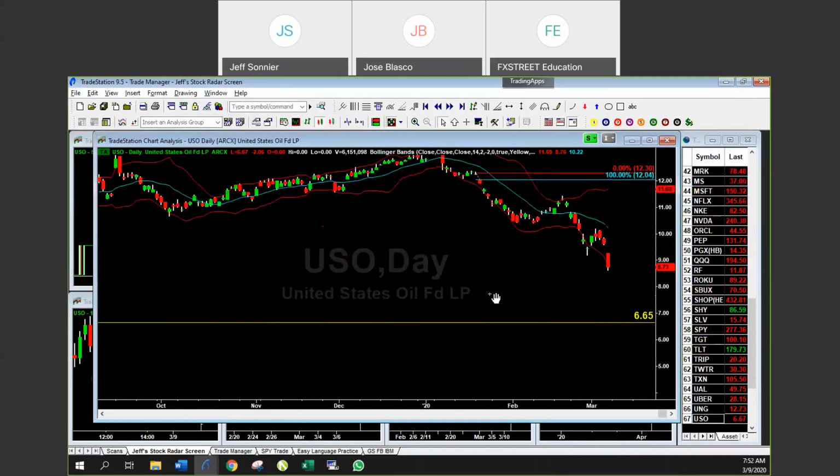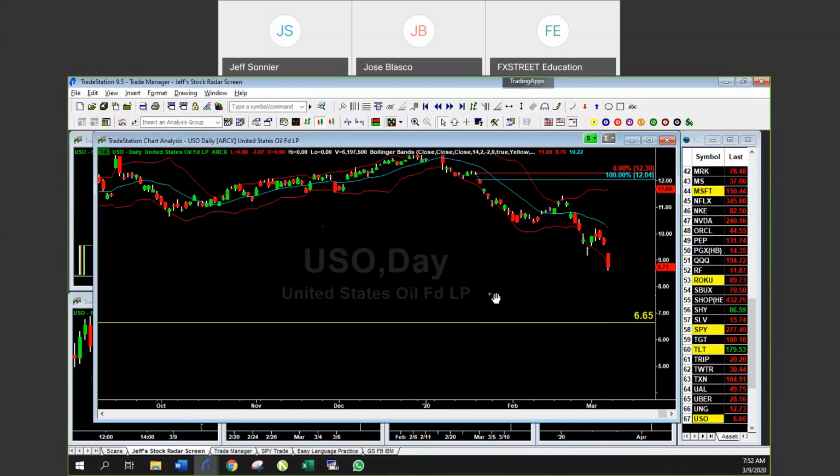I don't know how much lower this oil fund can go, but if you do buy USO thinking that you're at the bottom, could it go lower? Absolutely. Have a 65 cent stop in there. Go from opening wherever it's at right now, and you could try it.